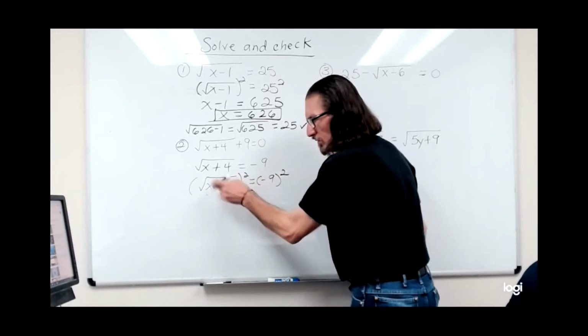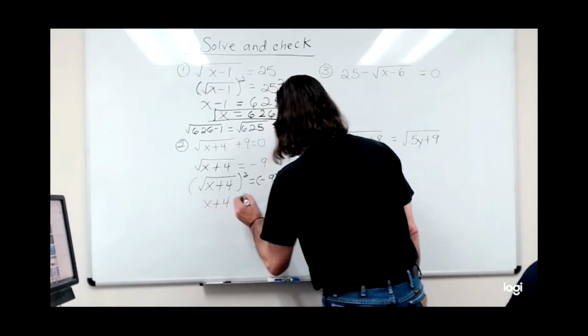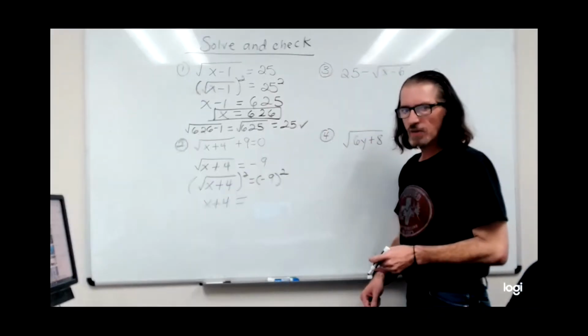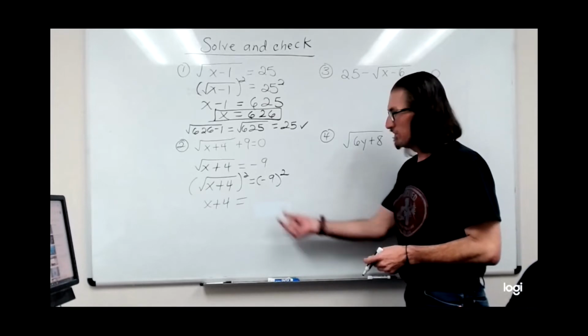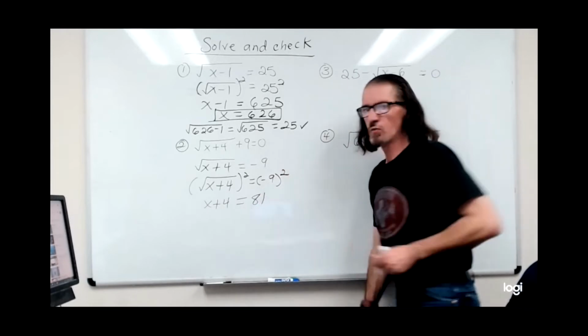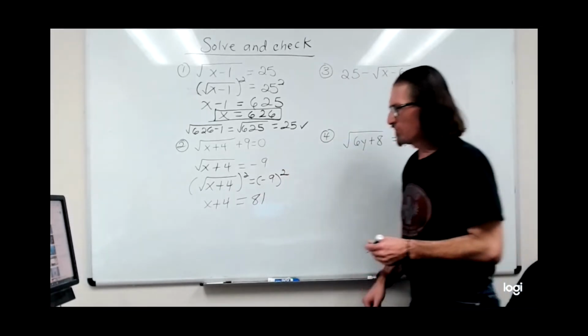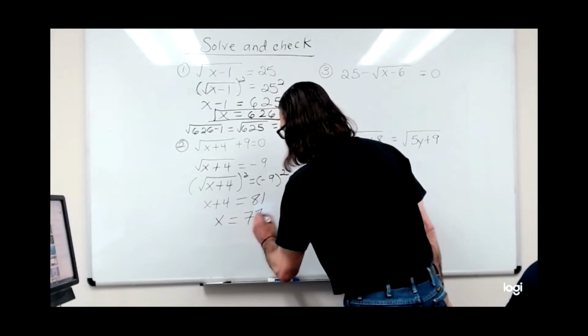Then the square root and the square will cancel. Remember, anything that is a real number, when you square it, is going to be non-negative. That's -9 times -9. We get positive 81 there. And when we subtract 4 from both sides, we get x is 77.